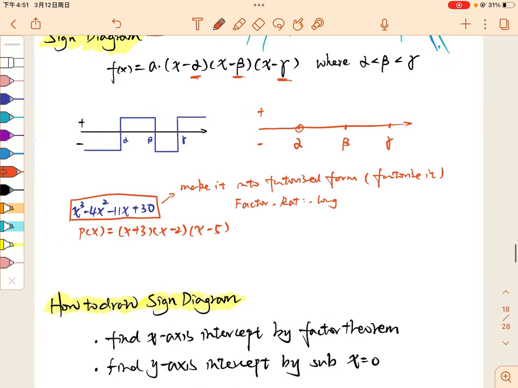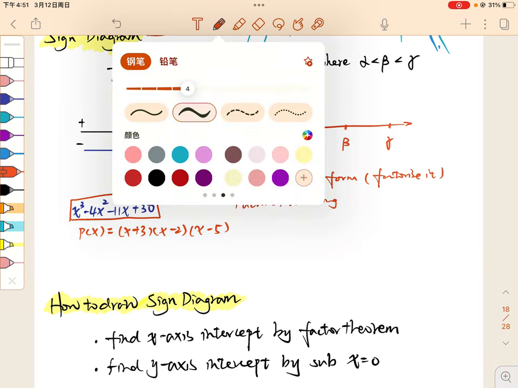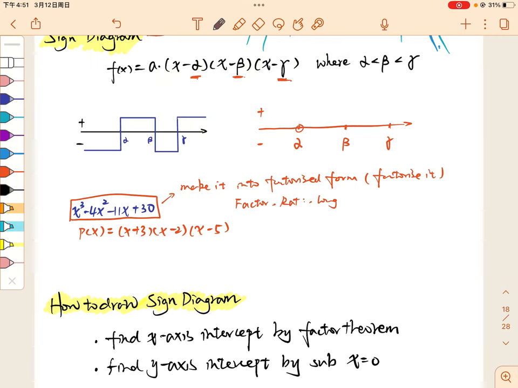So now you have your x-intercepts: negative 3, 2, and 5. So you draw a line, with negative 3, 2, and 5 over here. And now you try to sub in some values. So for x smaller than negative 3, I might try negative 5.